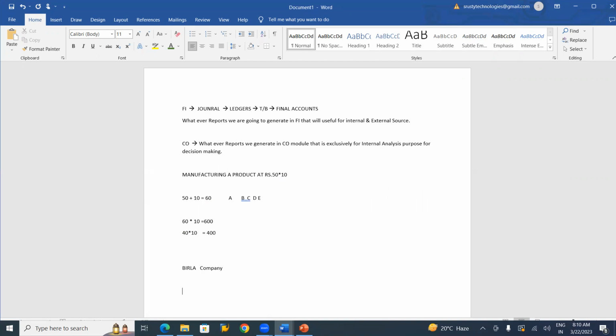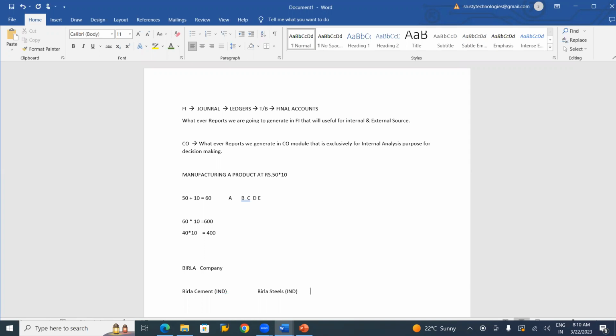This is our group of companies. Birla Cement is one business, in India. Next one, Birla Steels, also in India. These are my company codes.